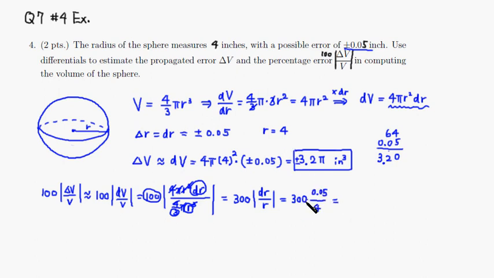Multiplying 0.05 by 100, you get 5, and 5 times 3 is 15, so it's 15 over 4. This is the percentage error, so this is percent. All right, so that's it. I hope that this was clear.